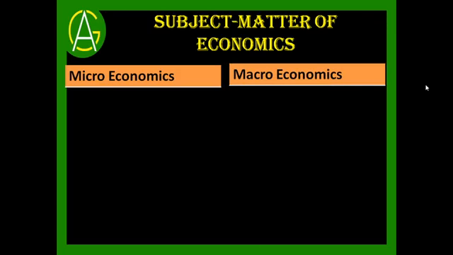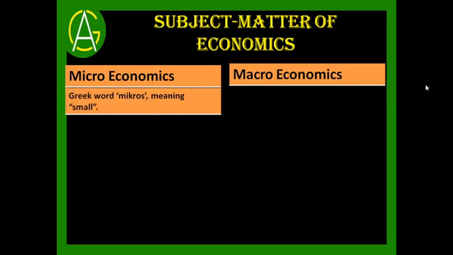Now let us learn the subject matter of economics. Economics is divided into two different types. One is microeconomics and another is macroeconomics. Now, the word micro is derived from a Greek word mikros, which means small.